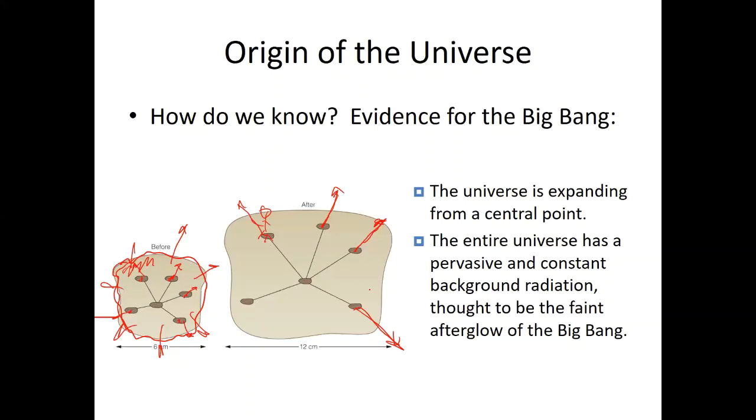This is called the afterglow, or background radiation, and it's thought to be a remnant of the very early moments of the universe where charged particles are moving around very rapidly, and whenever a charged particle accelerates, it speeds up or slows down and changes direction, it emits light, electromagnetic radiation. So there's a bunch of light and energy being created then.